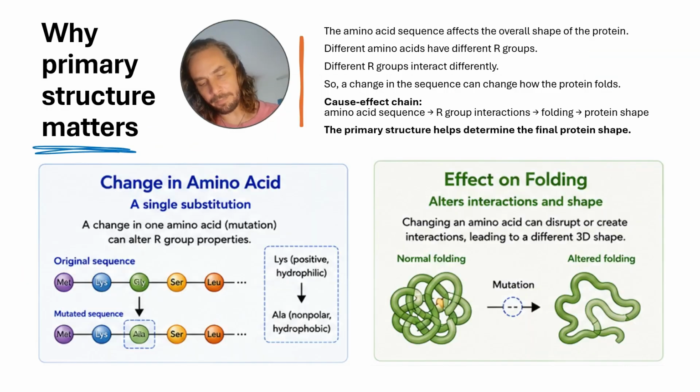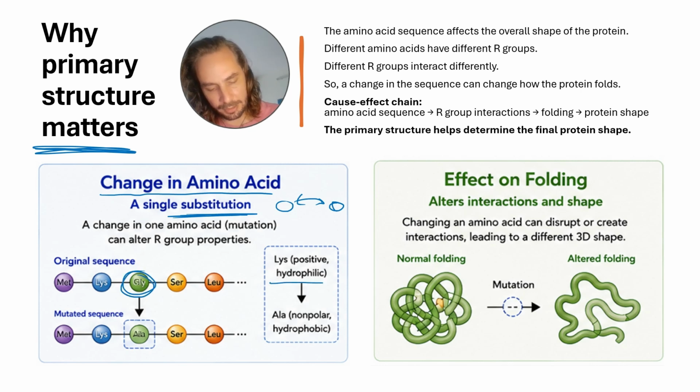Now, why it matters. A change in an amino acid, if we have a single substitution, meaning one is changed for another. So here we see one amino acid that is hydrophilic, meaning this amino acid loves interacting with water and forming hydrogen bonds. But it's changed for an amino acid that is now hydrophobic.